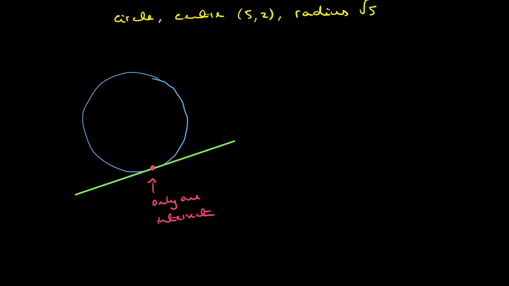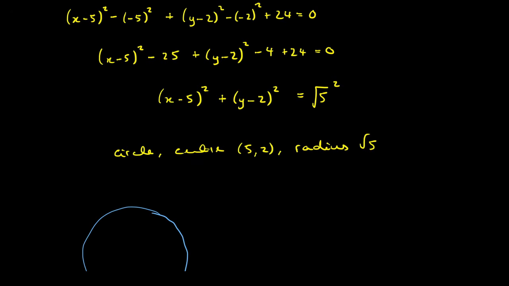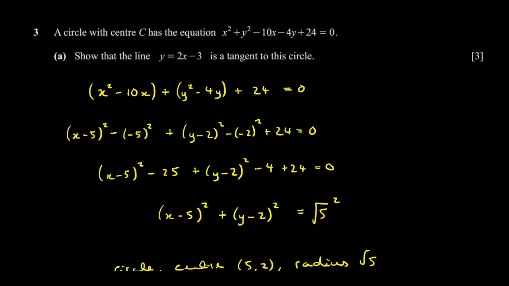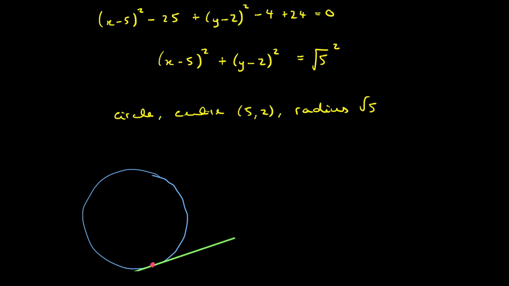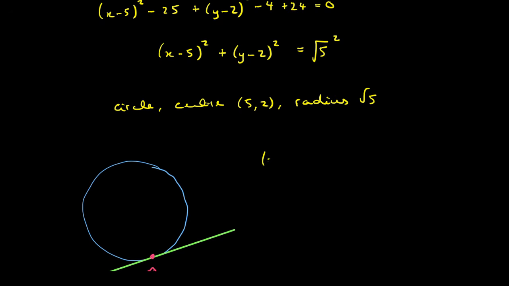So I am going to substitute in, what's the equation of the line? y equals 2x minus 3 into the equation. So x minus 5 squared plus y, which is 2x minus 3, so 2x minus 3 minus 2 all squared is equal to root 5 squared.